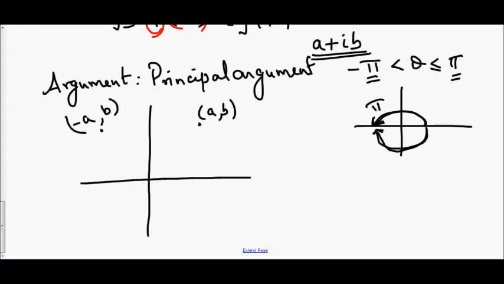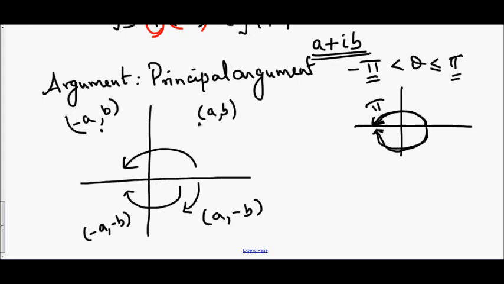In this case, you'll have negative a and negative b, in which case the principal argument would be negative. Even in this case, where you have positive a and negative b, the principal argument would be negative. So in these two cases the principal arguments are positive, whereas in the cases below the x-axis the principal arguments are negative. So we can do one or two questions of this.